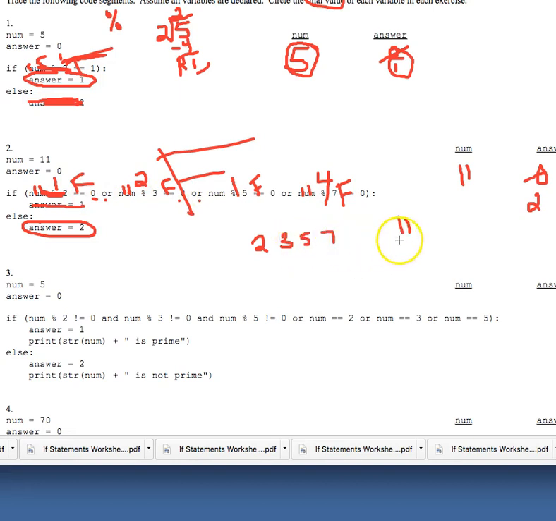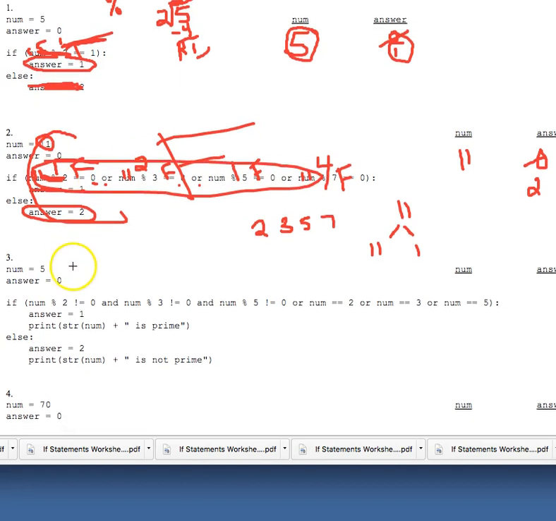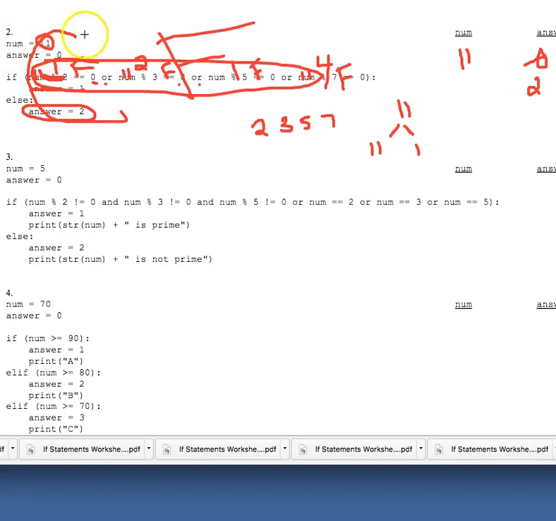That's just a way, so you can't say that 11 has factors other than 11 times 1, which doesn't really count, and therefore 11 is prime. This algorithm, this if statement, detected whether the number num was prime. If num were 12, something in this would have been true, and the answer, instead of being 2 here, it would have been equal to 1.